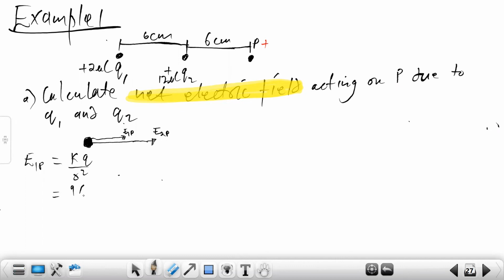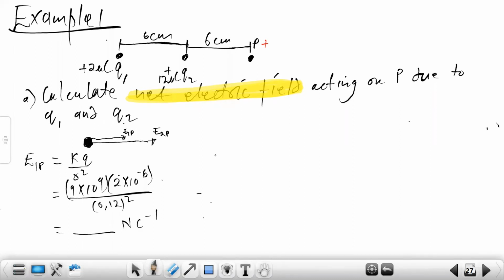So this is 9 multiplied by 10 to the power 9, and then I am told Q1 is 2 multiplied by 10 to the negative 6, divided by 12 centimeters. 12 centimeters is 12 divided by 100, all squared. I'm going to wait for the answer from you guys.